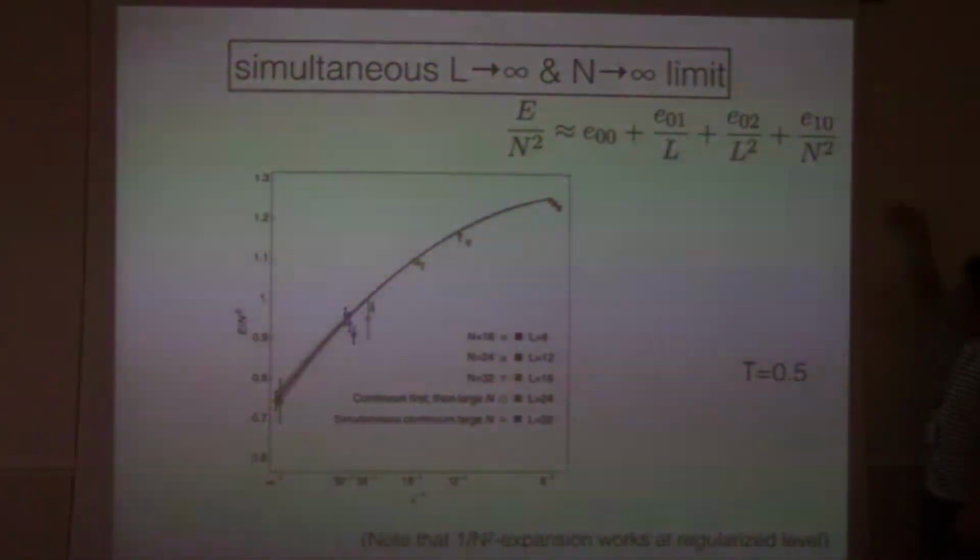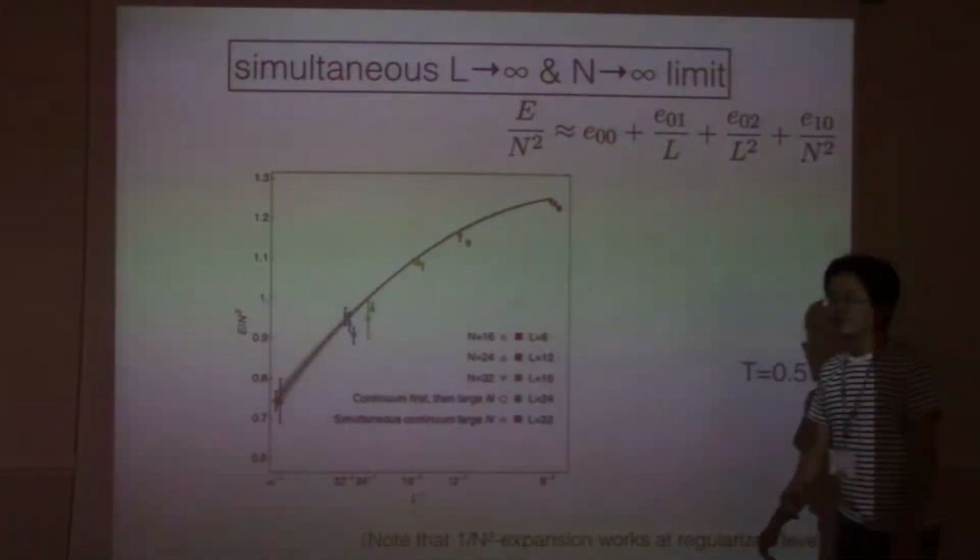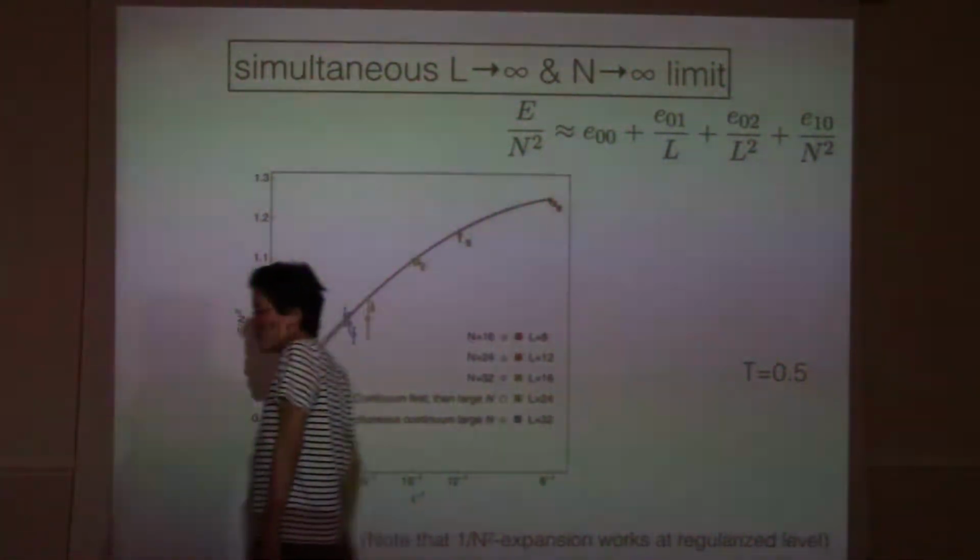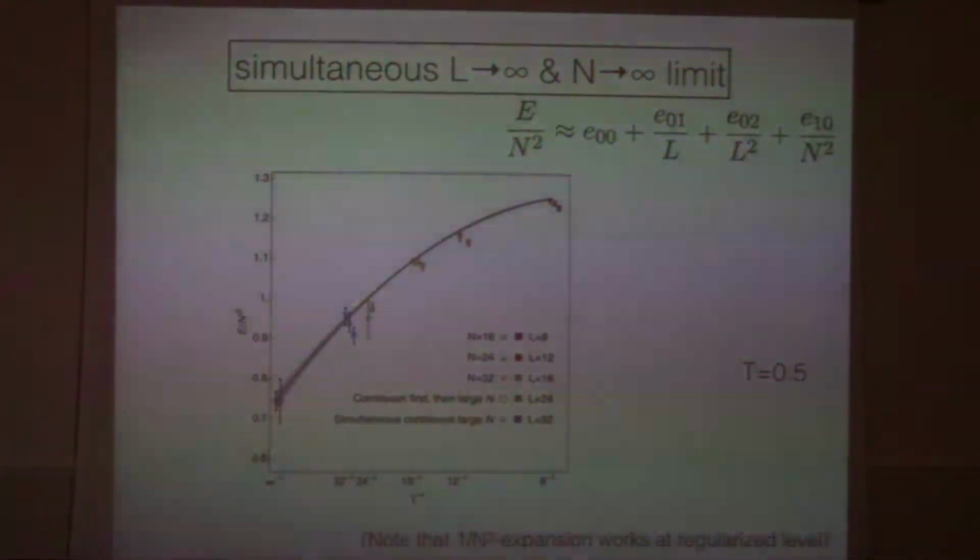In general, we have to introduce terms like 1 over n squared L, or 1 over n to the 4th, or 1 over n to the 4th times L, and so on. But because we have a limited number of points, we cannot introduce too many fitting parameters. And this is the fitting form we used.